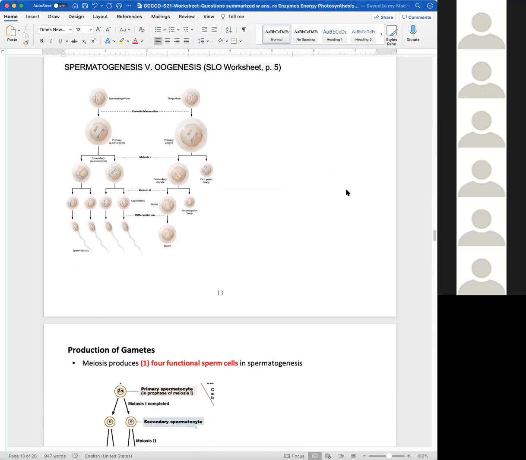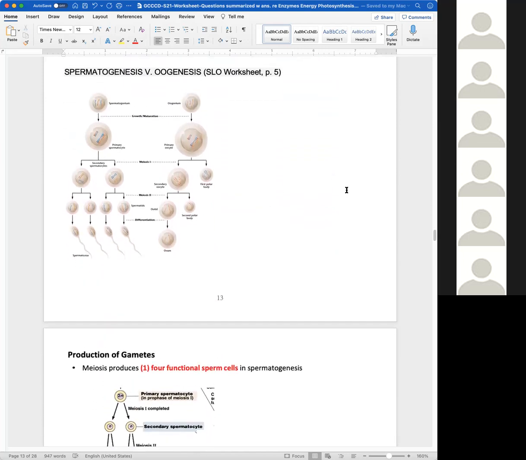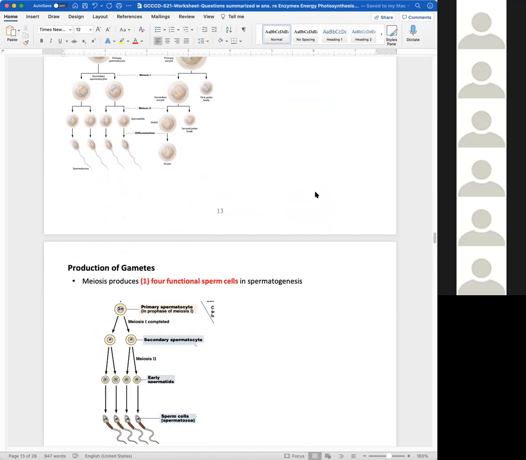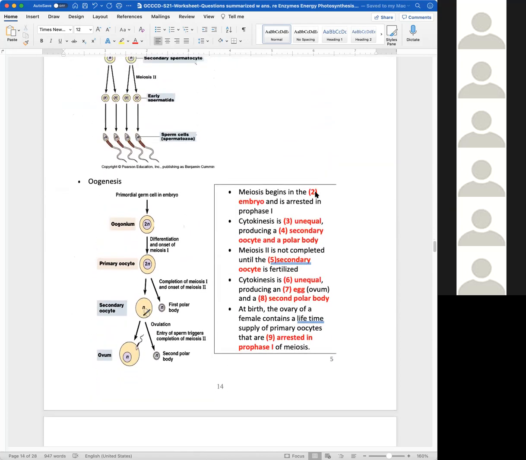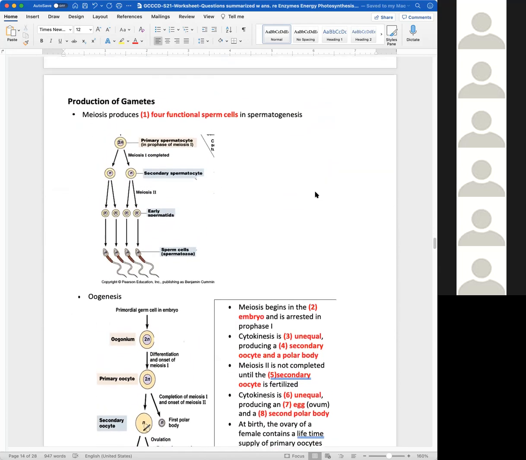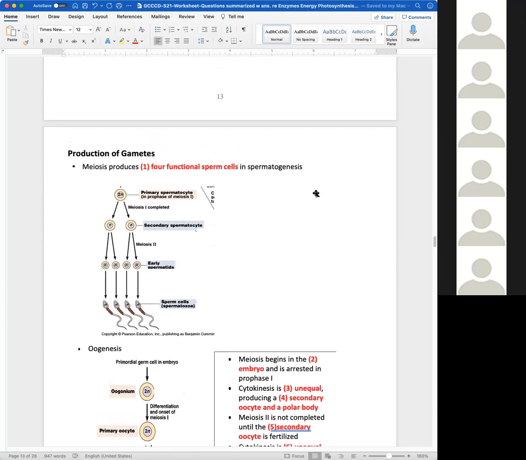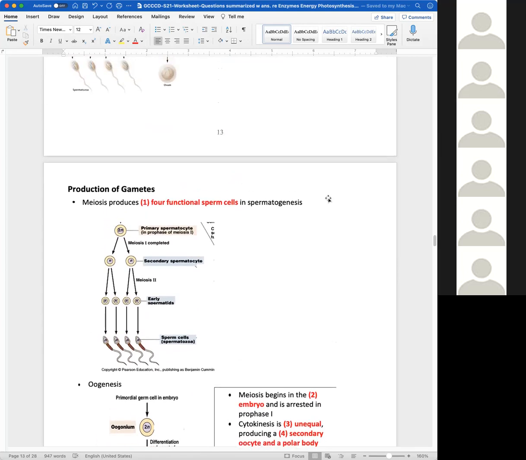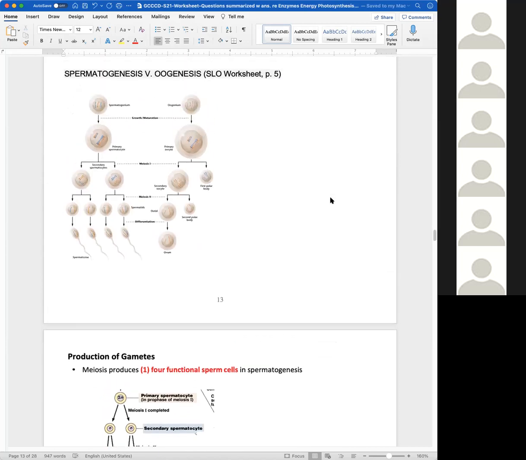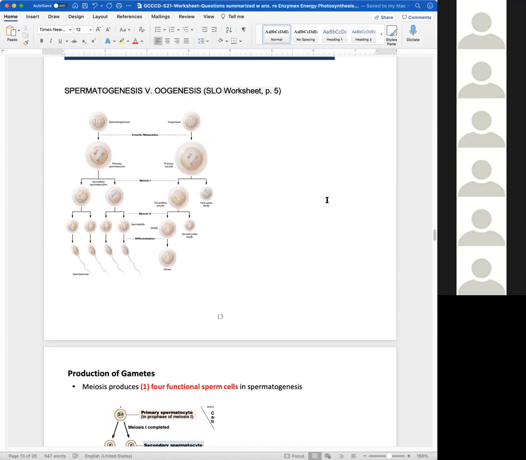Now, here is something that was a problem for those of you who took the cell division survey. On the last page, page 5 of that survey, were a number of questions that almost nobody got entirely right. And the reason is that we had never covered the difference between spermatogenesis versus oogenesis.